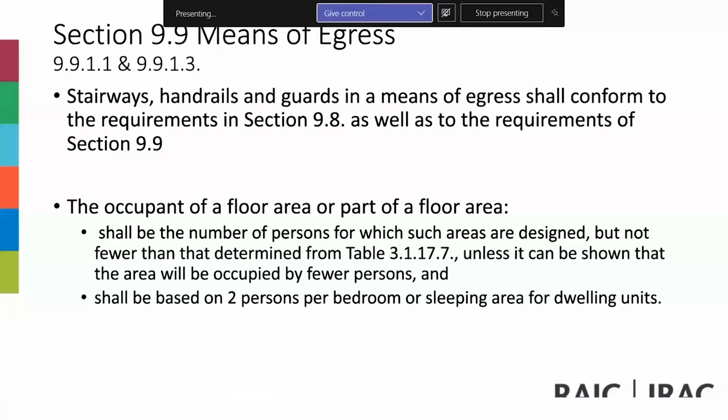If you don't want to use the table, and that's in table 3.1.17.1, you can assign the area a certain maximum number of people, and you design the building or the area for that number of people. So that's the occupant load, because that's going to impact our egress number, egress doors, and number of exits for other than houses in terms of designing buildings.